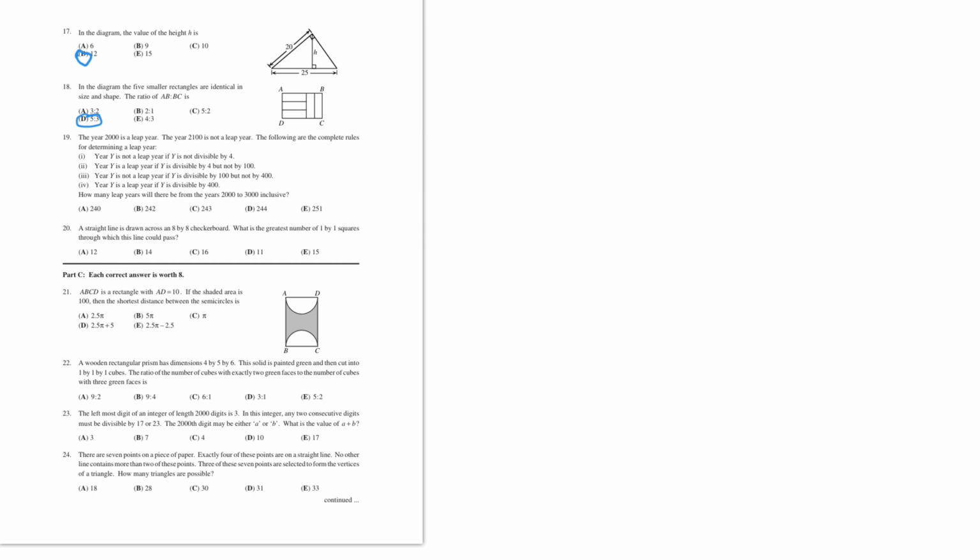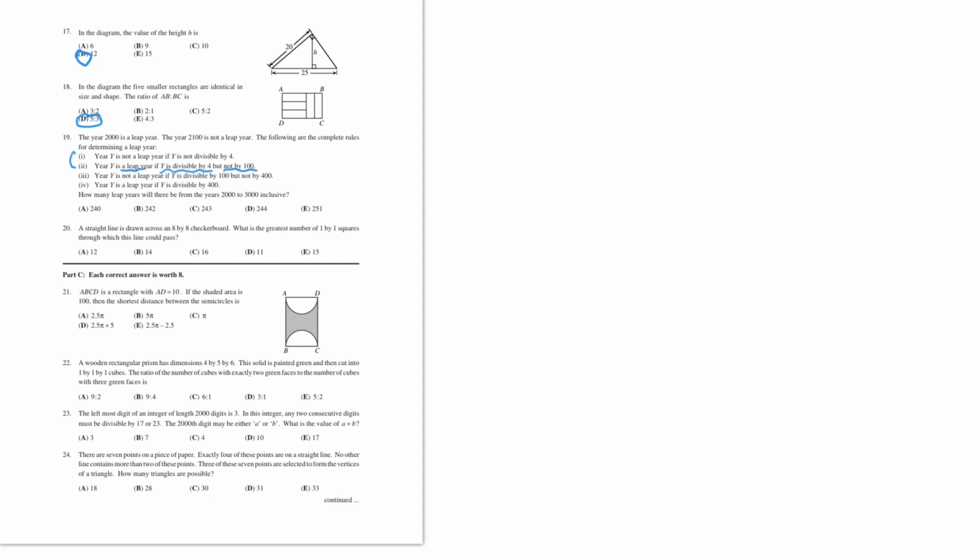Now we look at the first two rules together. Year Y is a leap year if Y is divisible by 4 but not divisible by 100. First we find how many numbers from 2000 to 3000 are divisible by 4.